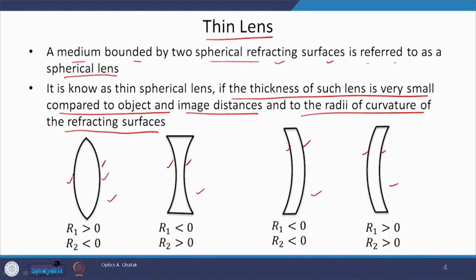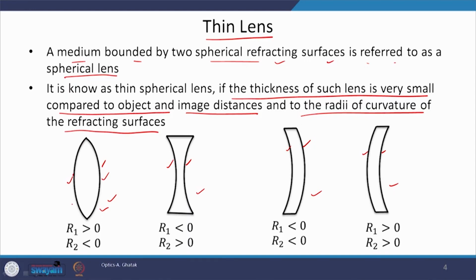If these distances are much larger than the thickness of the lens, then we may call a lens a thin lens. These things you can find in Optics by Ajoy Ghatak. For covering most of the geometrical optics, I am following the book by Professor Ajoy Ghatak.